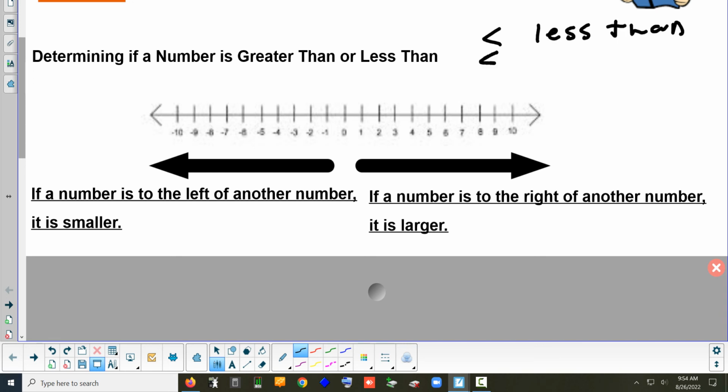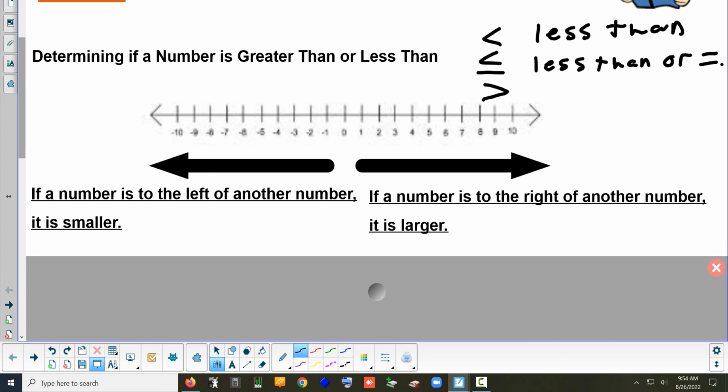How about when I put a line under it? How do you say it now? Less than or equal to. Right, it's still less than, but now it's less than or equal to.